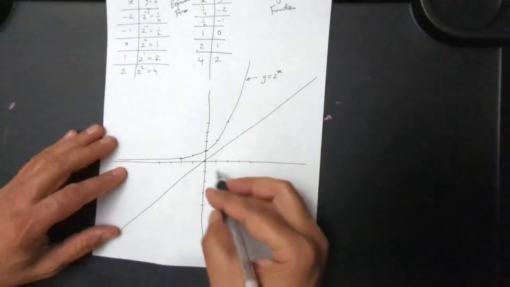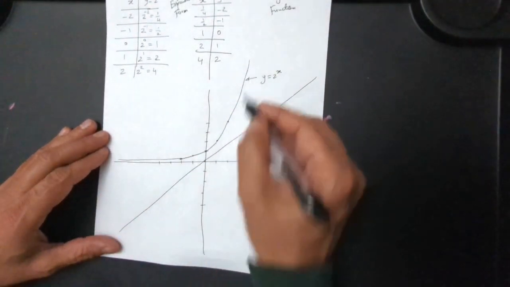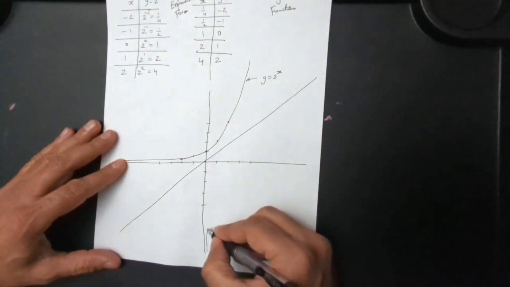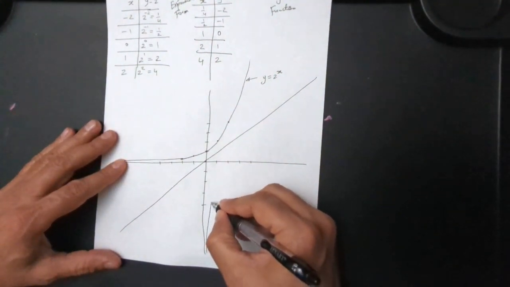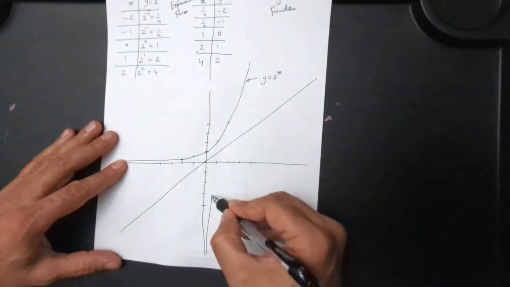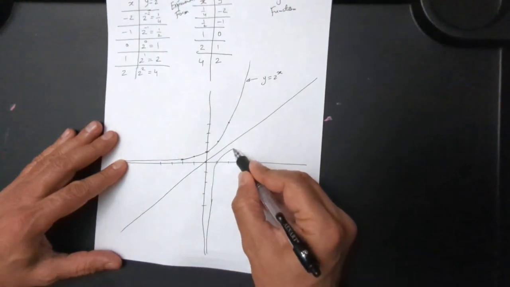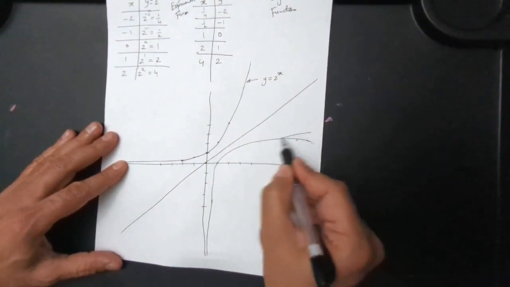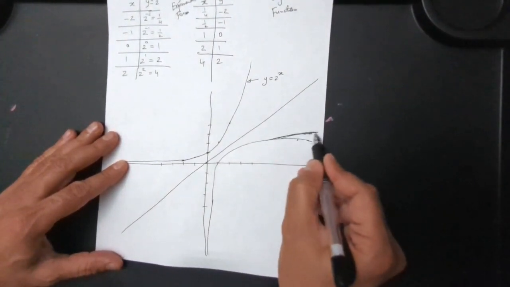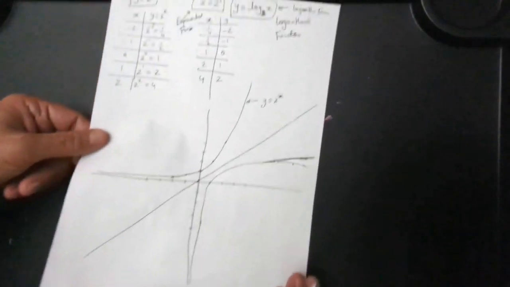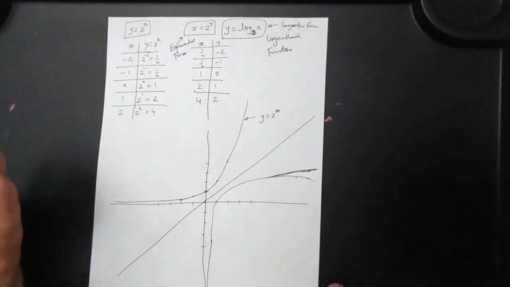So it's going to look like this. The mirror image of this point is this, so it's going to cross here, and then it's going to go like this. No, it's not going to go down, but it's going to keep increasing. So this is the whole picture of the logarithmic function.